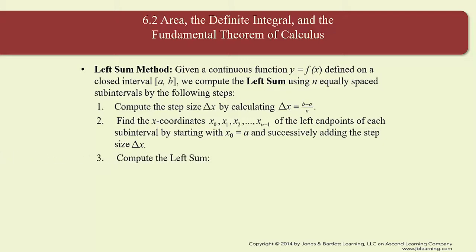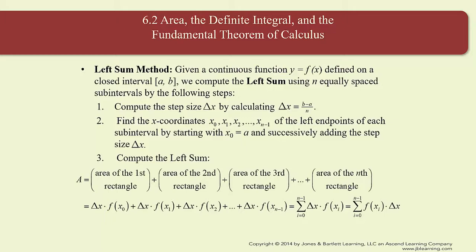Step 3, here's what we do to compute the left sum. I mean, look at this mess. You'd have the area of the first rectangle plus the area of the second rectangle plus the area of the third rectangle plus, yada, yada, yada, plus the area of the nth rectangle.